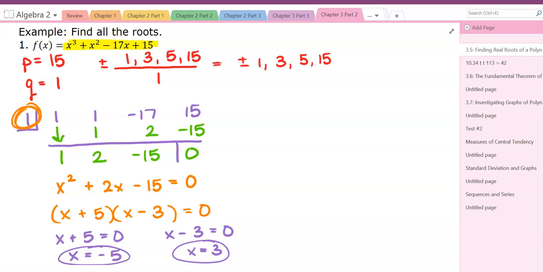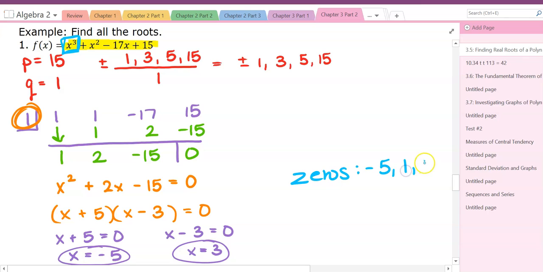And I found my 3 zeros, and I should have 3 of them because my leading term was an x to the third. So that 3 tells me that there should be 3 zeros out there. So putting them in order, I'm going to do negative 5, the 1, and then the 3.